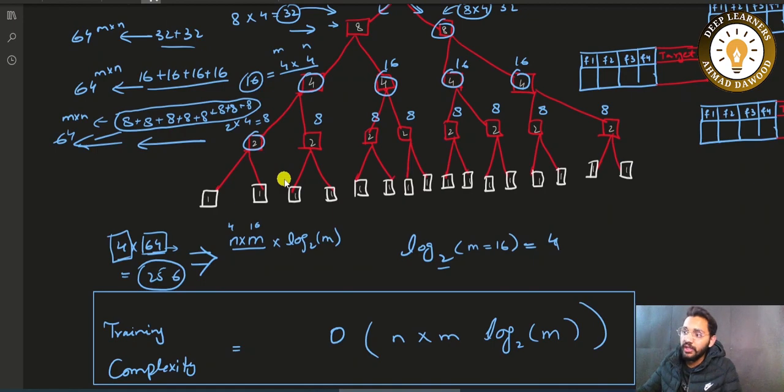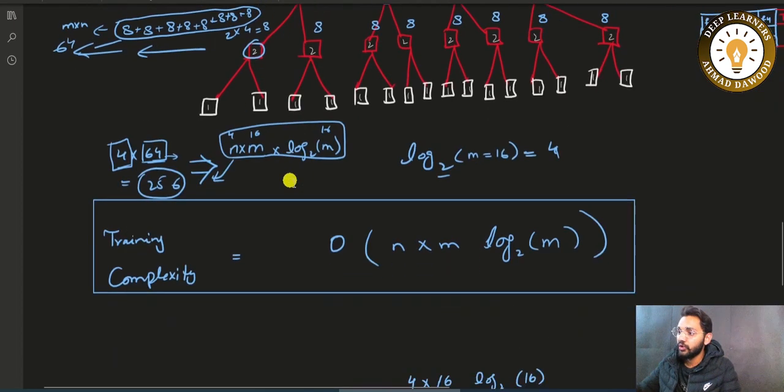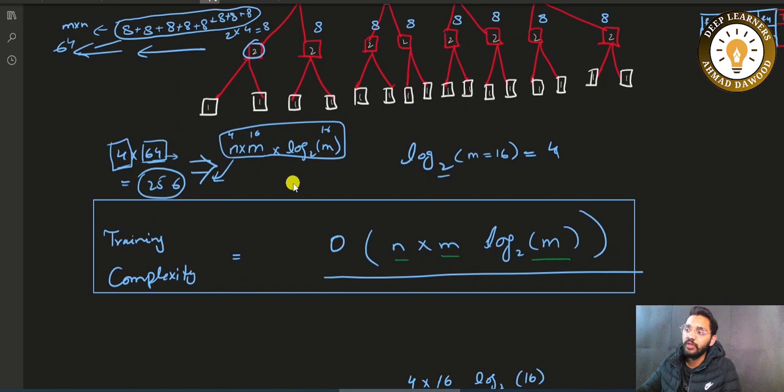So you can get the time complexity for the training process of a decision tree. You can write this in the form of O of n cross m into log of m. So this will be the time complexity for the training of a decision tree.